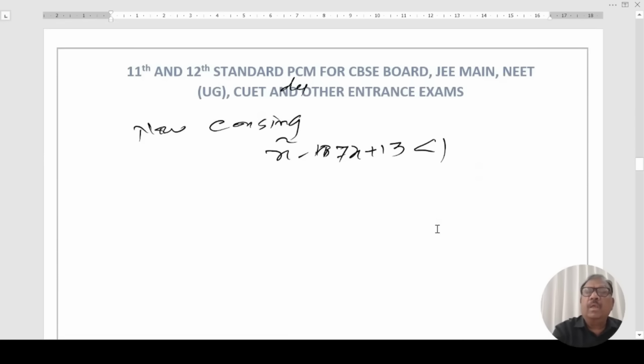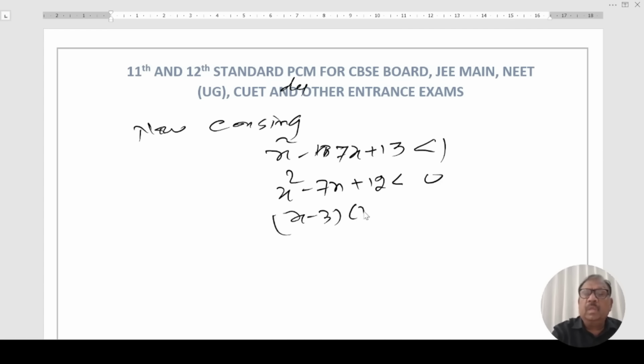This comes out to be x square minus 7x plus 12 less than 0. (x minus 3)(x minus 4) less than 0. Means x belongs to (3, 4).